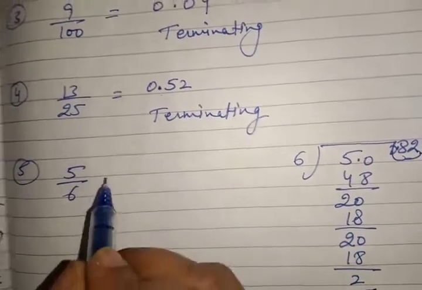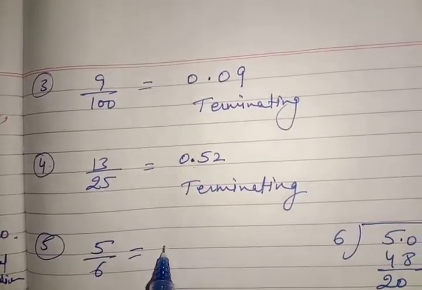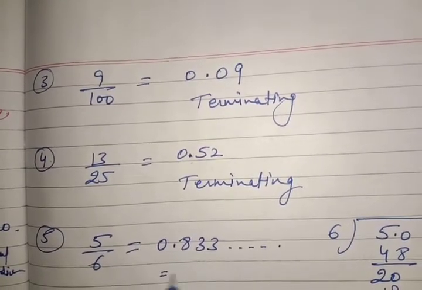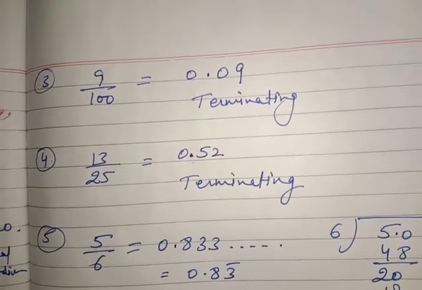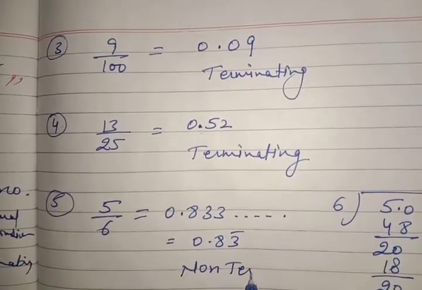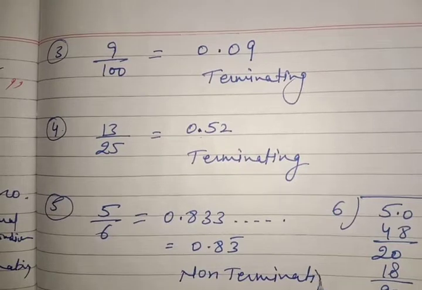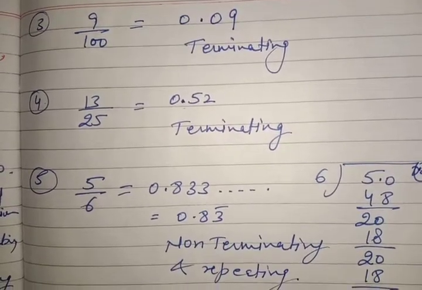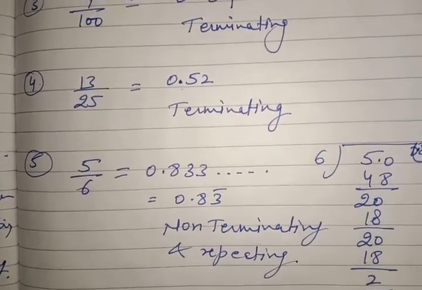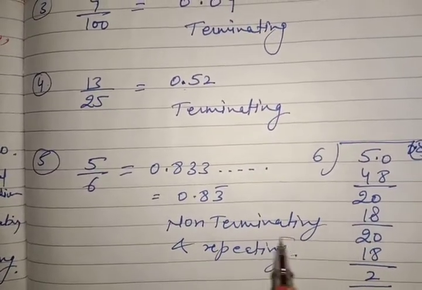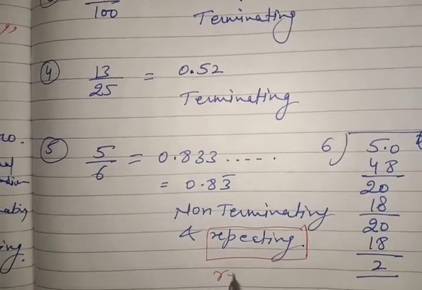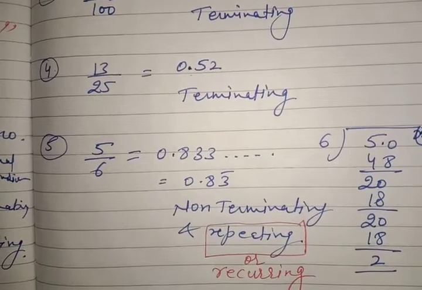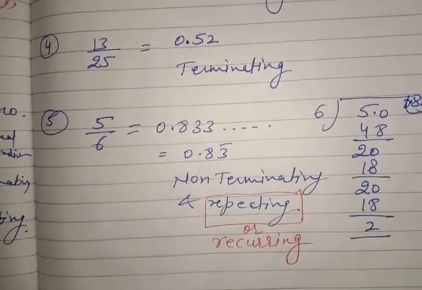So the answer of this is 0.833 dot dot dot. It means 0.83 bar. So it is non-terminating and repeating. I hope the meaning of non-terminating and repeating is clear to you. And the other word for repeating in your book is recurring. One and the same thing. If a teacher uses the word repeating or recurring, it is one and the same thing.